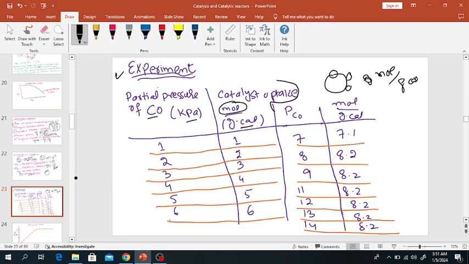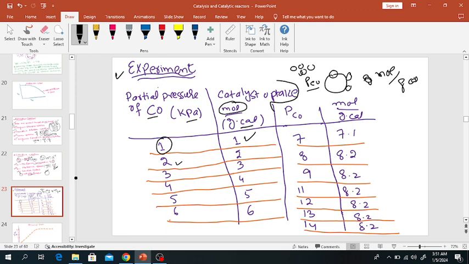The partial pressure of carbon monoxide in the system is Pc. For example, if the partial pressure of carbon monoxide is 1 kilopascal, the catalyst uptake is 1 mole per gram catalyst.